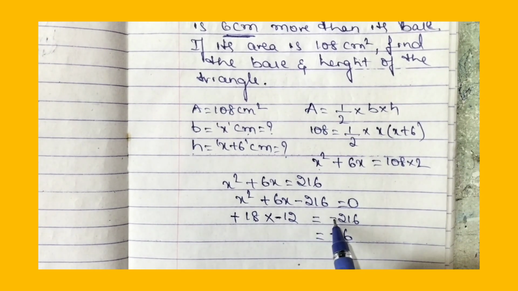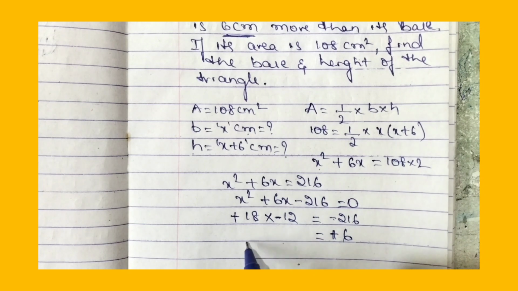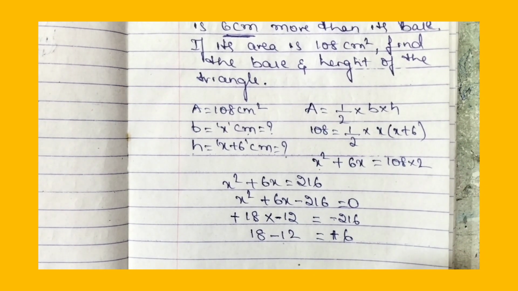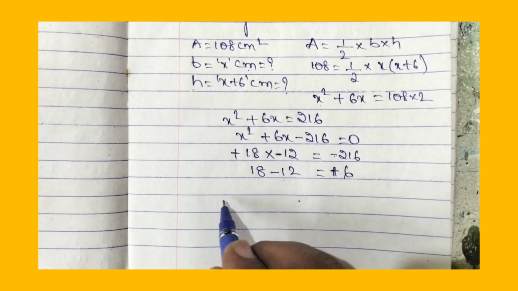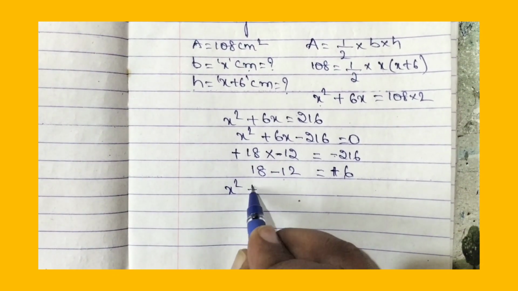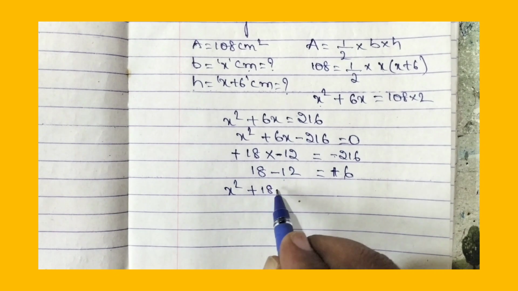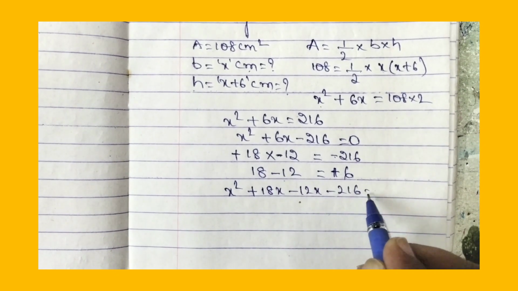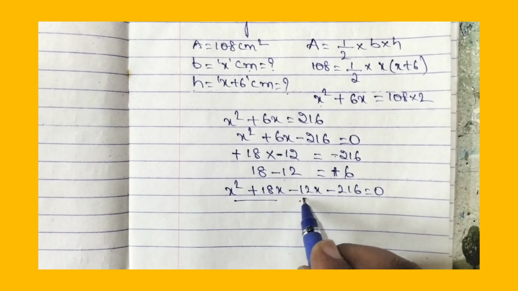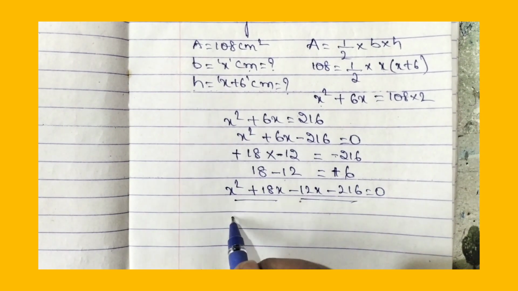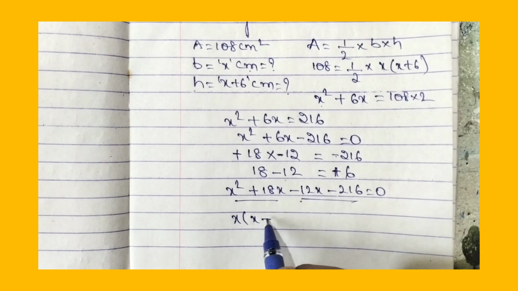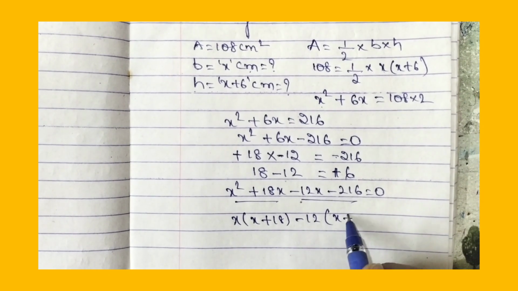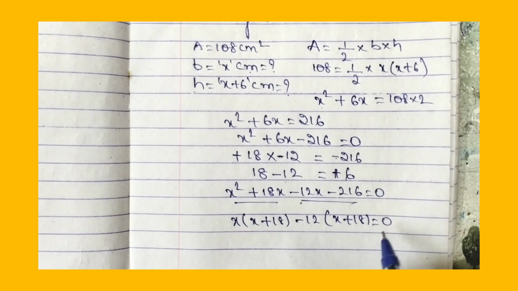So x square plus 6x can be written as 18x minus 12x minus 216 is equal to 0. These two one group and these two one group. Common x, remaining x plus 18, minus 12 common, remaining is x plus 18, which is equal to 0.